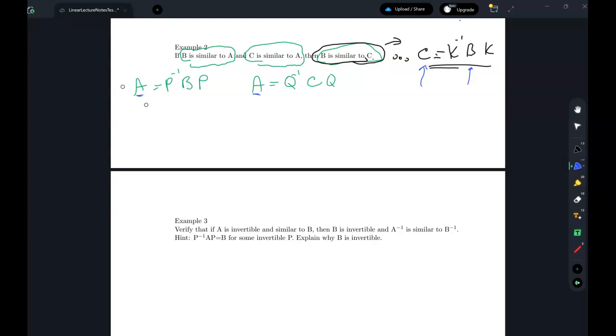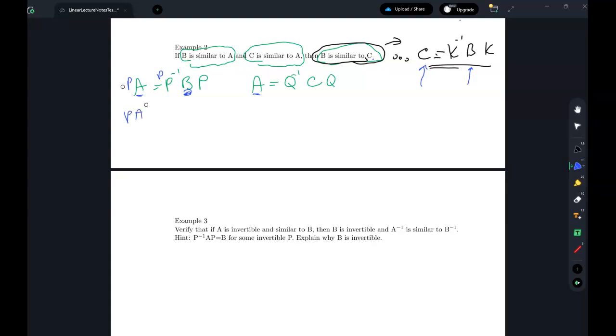So how about we work on substituting? So I'm going to go through and solve for the B first. There's different ways of doing this, but if I solve for the B, I would multiply both sides by P on the left.